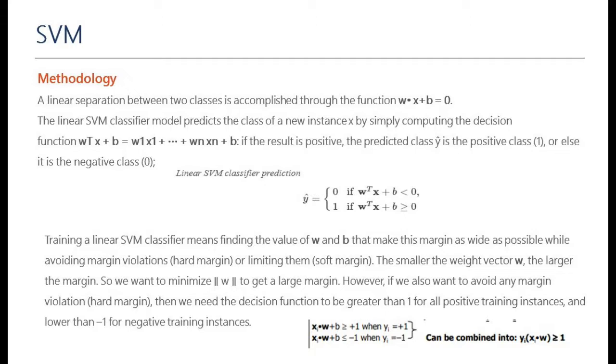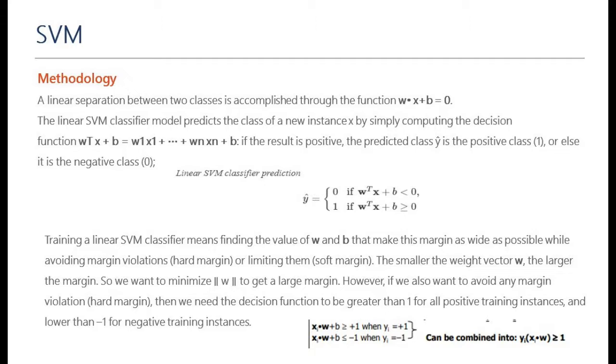Usually the margin boundary lines represent the points where the decision function is equal to 1 and minus 1. They're parallel and at equal distance to the decision boundary, forming the margin around it. So training a linear support vector machine classifier means finding the values of W and B that make this margin as wide as possible while avoiding margin violations or limiting them.